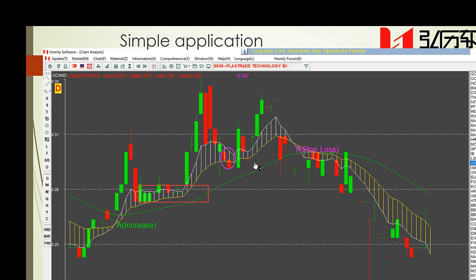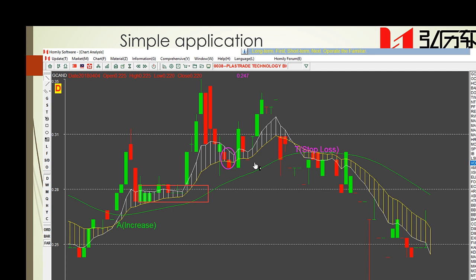And then this one is very simple also, because here the price increase, here we can buy it. And then the price keep dropping.